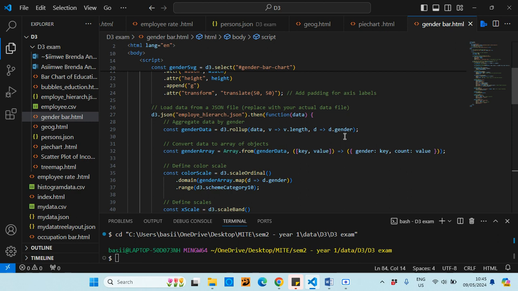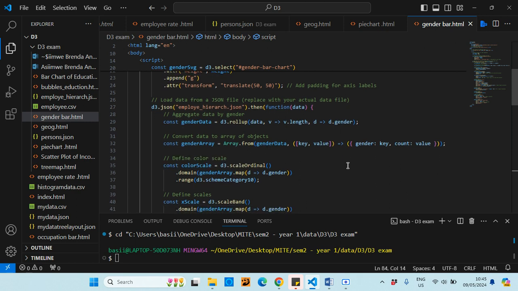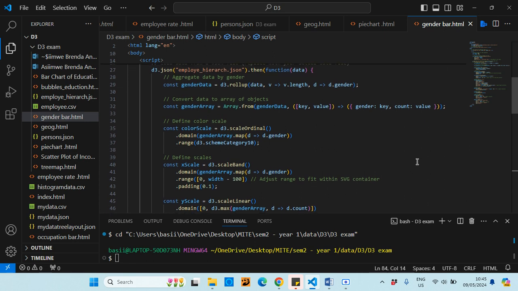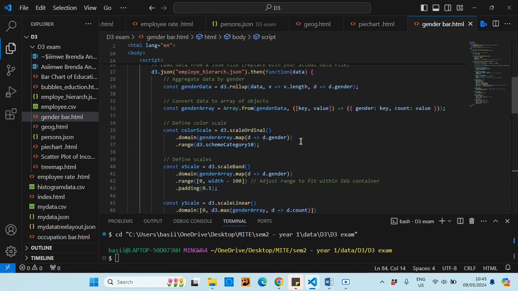We'll do a count for gender, counting how many people per gender. Then the count here is converted into an array to hold the label, which will be male or female, and the count, which will be the number of people in that gender. Then we're done with that.